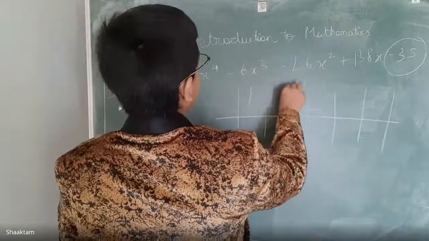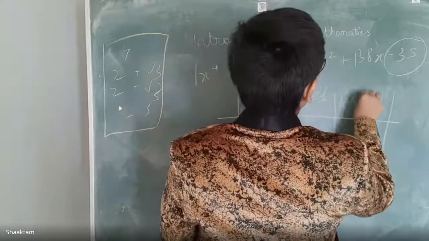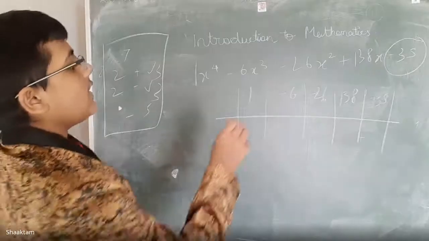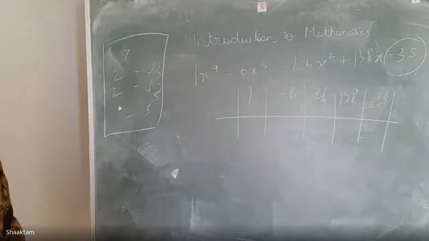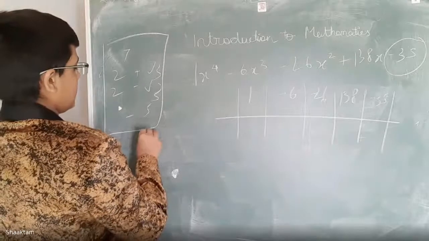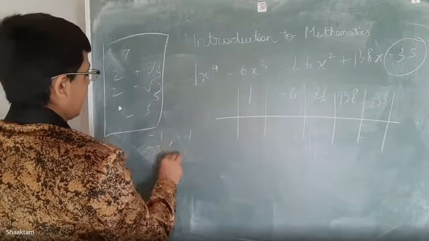Here 1, here minus 6, here minus 26, here 138, here minus 35. Now let me see what the factors of minus 35 are. The factors of minus 35 will be minus 1 and 1, minus 5 and 5.